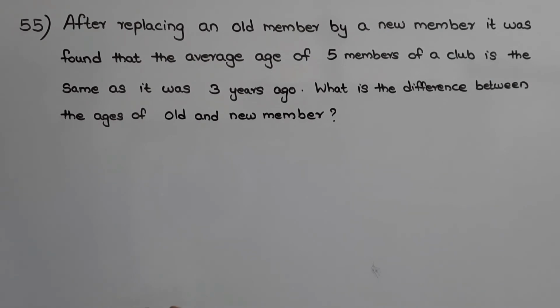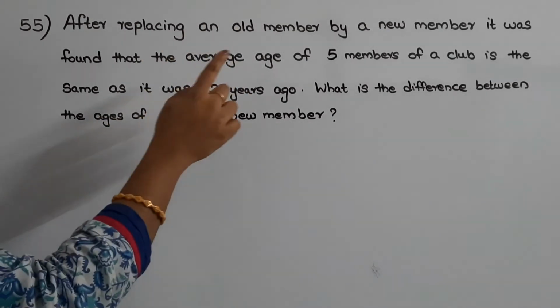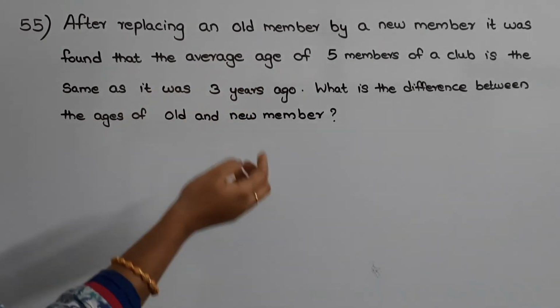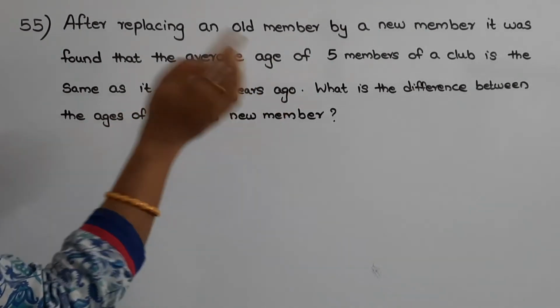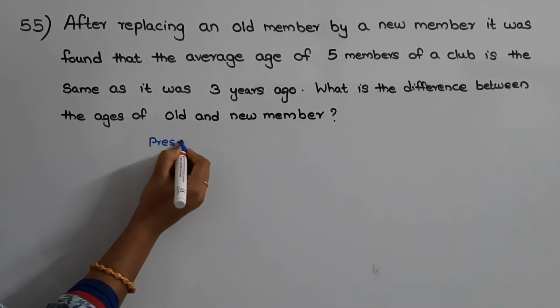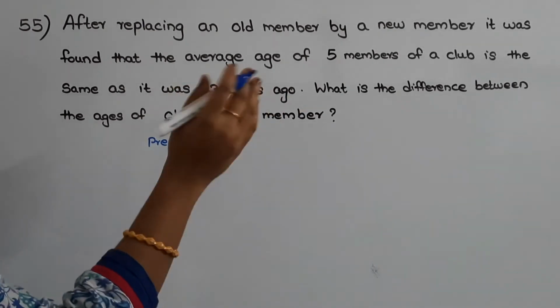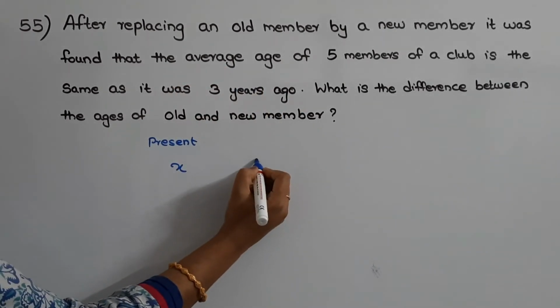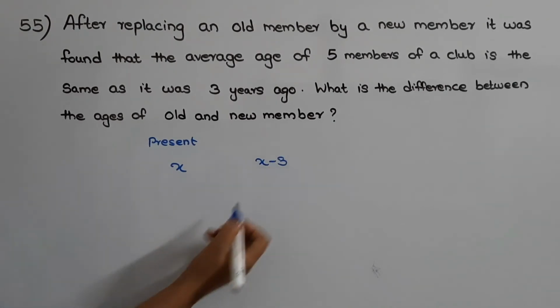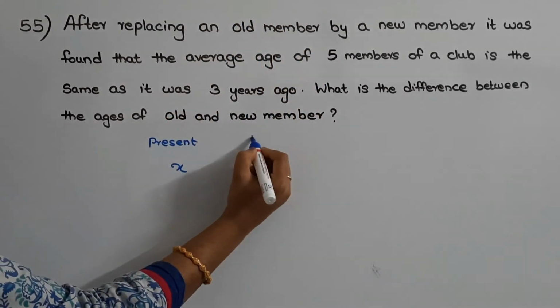So here they are telling that after replacement of the members, the average is equal to the average that is 3 years ago. If at present the average is x, then what will be the average 3 years ago? 3 years ago the average will be x minus 3. So this average is the average after replacement.